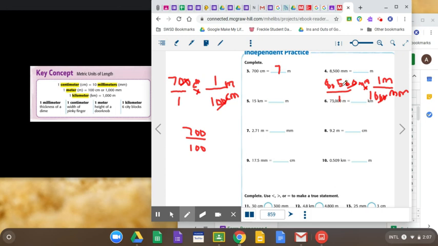Now we have 85 divided by 10. 10 can go into 80, 8 times. So we have 8 times 10 is 80. Then we did a subtraction problem and we have 5.